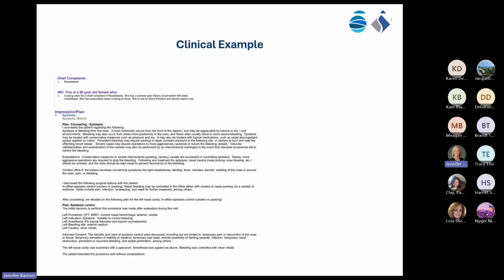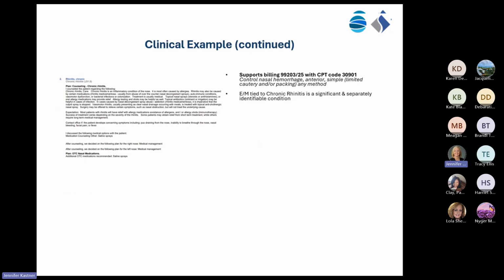In this case, it looks like they cauterized for the nosebleeds, and then there is a subsequent diagnosis listed here, chronic rhinitis, for which they talked about relief, allergy shots, and some different treatment options.